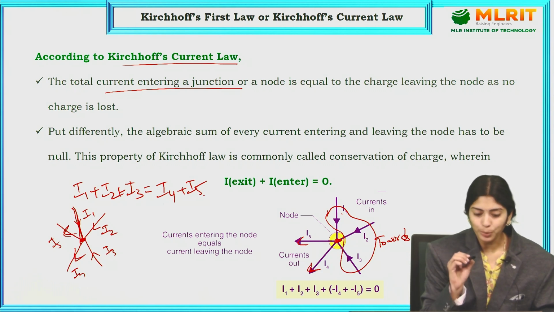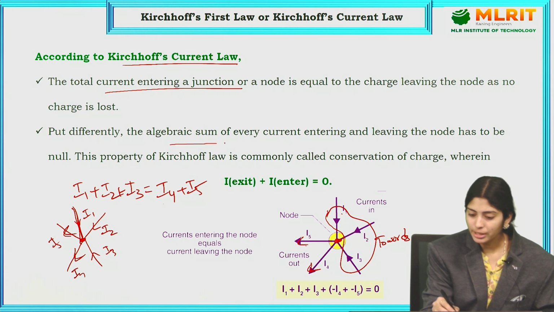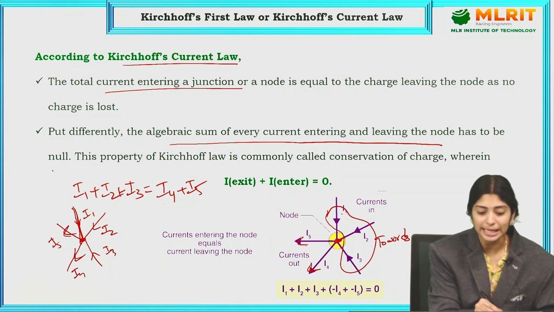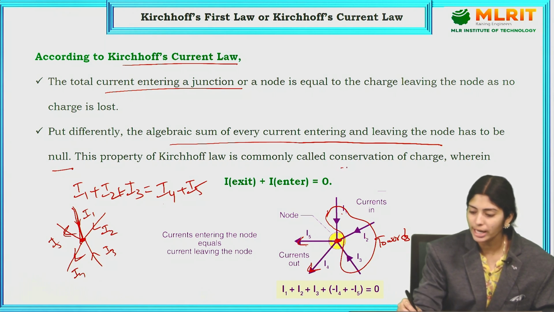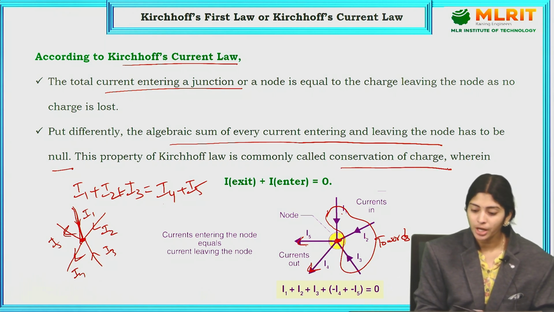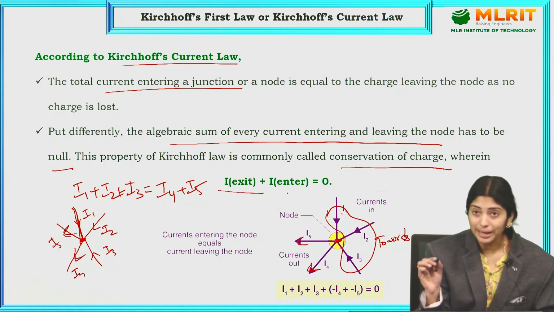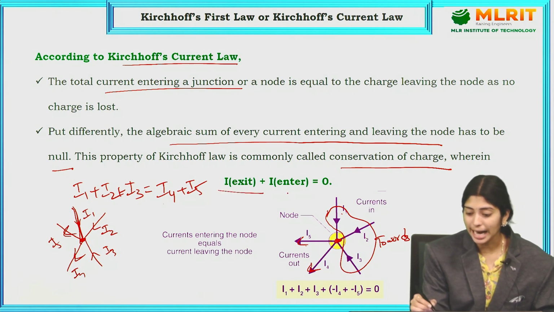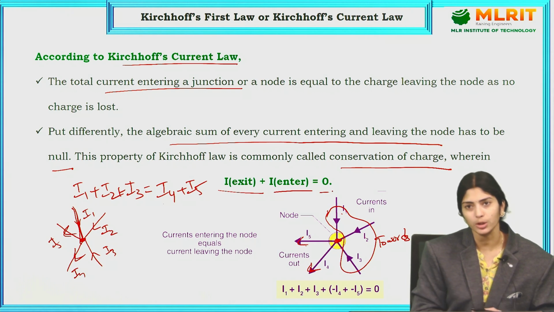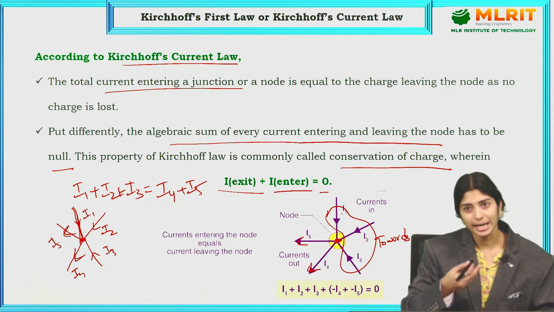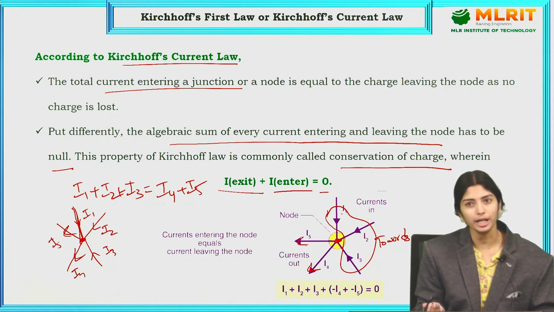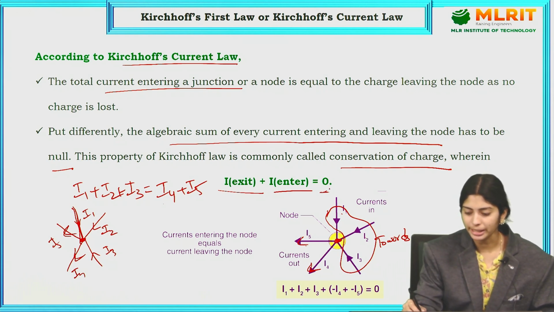Another important thing is that the algebraic sum of every current entering and leaving the node has to be null, meaning 0. This property of Kirchhoff's law is also called conservation of charge. How much current is exiting plus how much current is entering, if we add both, it should be equal to 0.